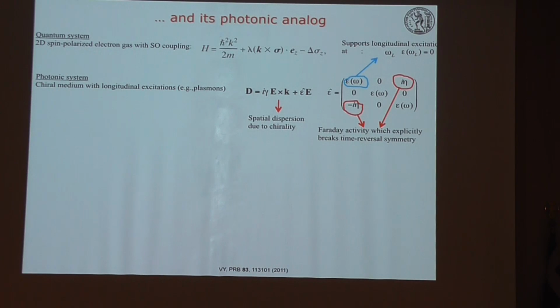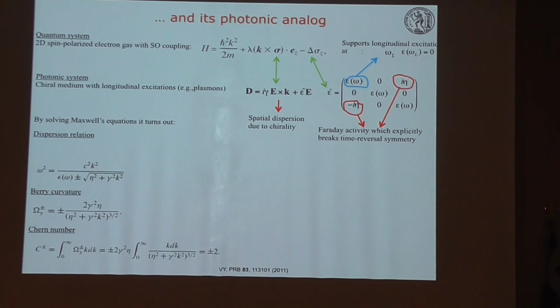And in order to draw the analogy, the first term in the constitutive relation is the spatial dispersion due to the chiral nature of our material, and it's the analog of the spin-orbit coupling for electrons, while the other term with the off-diagonal dielectric tensor is the analog of the Zeeman splitting due to the magnetic field.